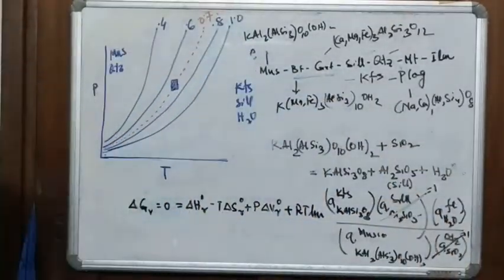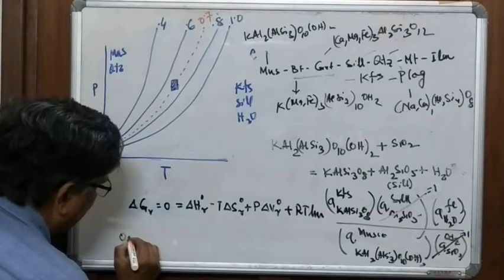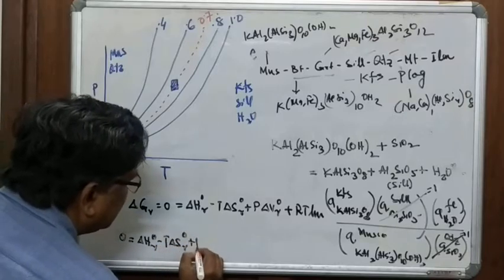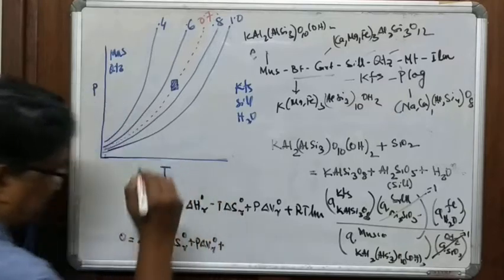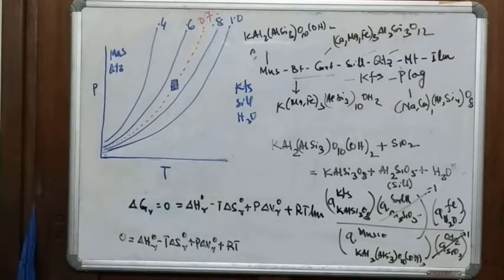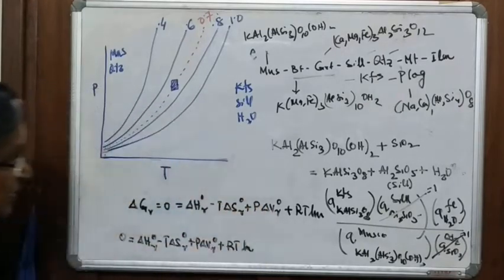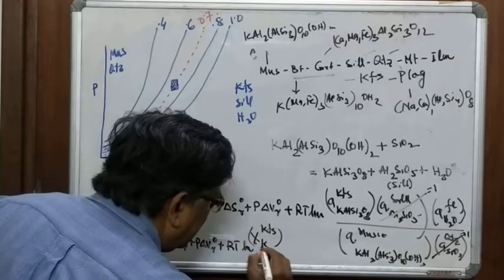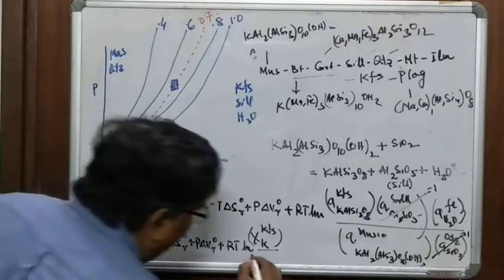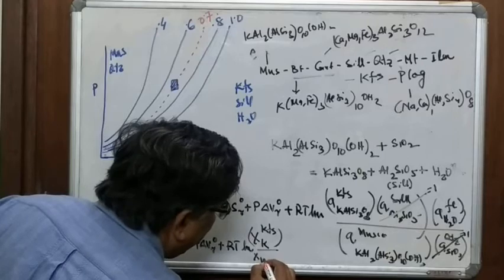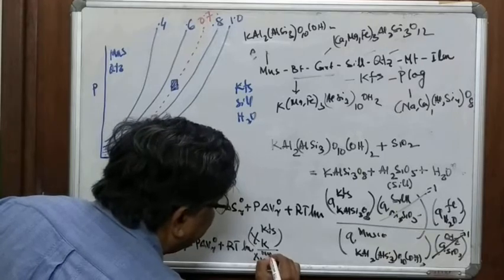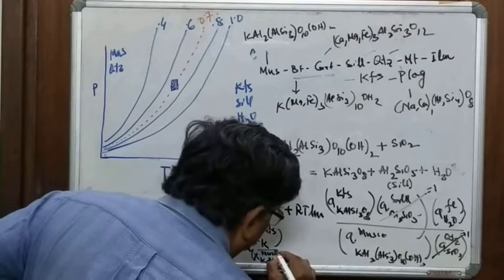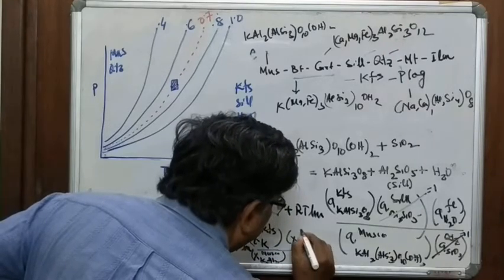So we will take the mole fraction terms, and if we do that, we can write 0 is equal to delta HR0 minus T delta SR0 plus P delta VR0 plus RT ln of X potassium in K feldspar divided by X KAl2 etc. in muscovite, times XH2O in the fluid.